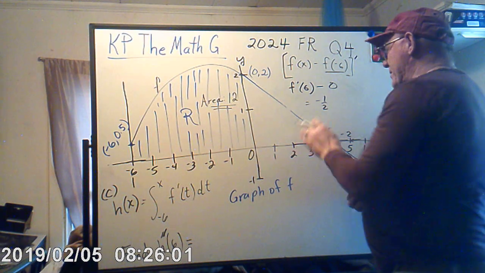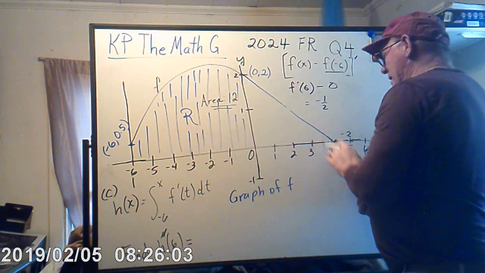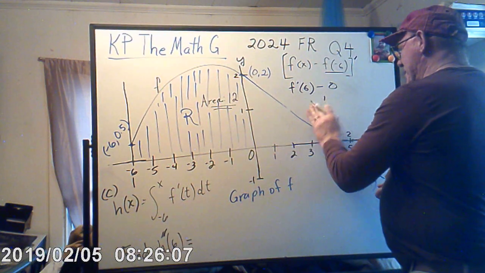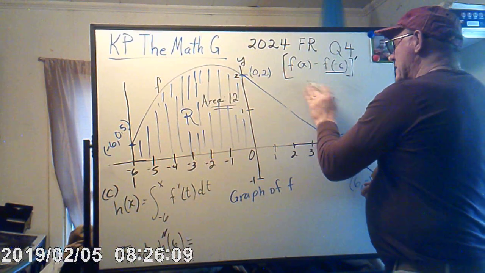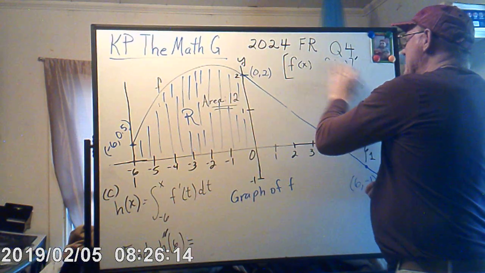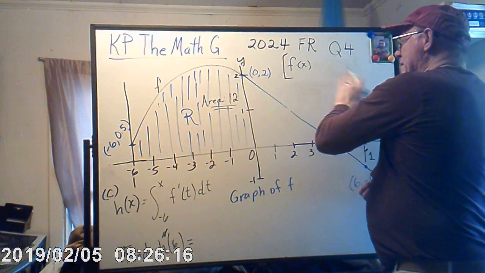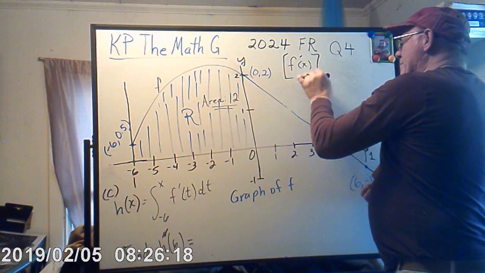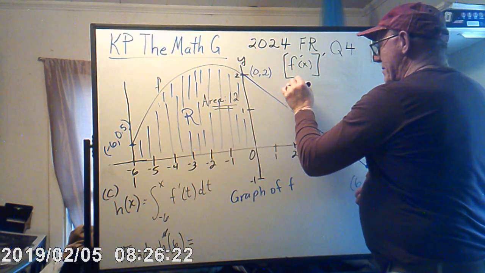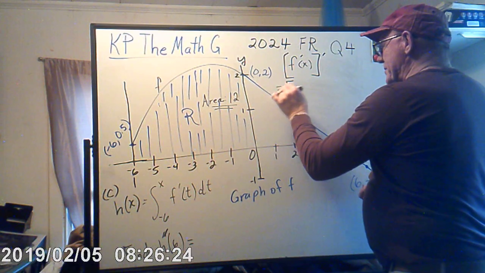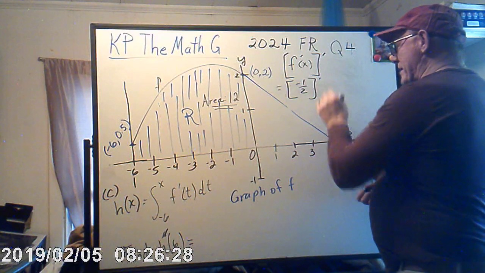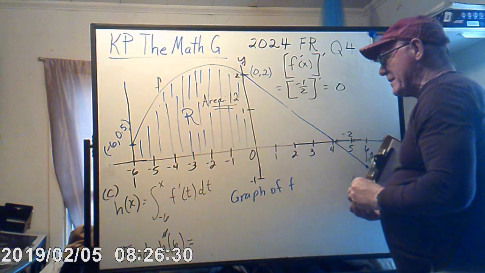So when you take the double prime of a constant, that's going to be 0. What we have here initially is we're taking the prime of the prime, but f prime, we already found to be equal to negative 1/2, and when you take the prime of that, that's equal to 0.